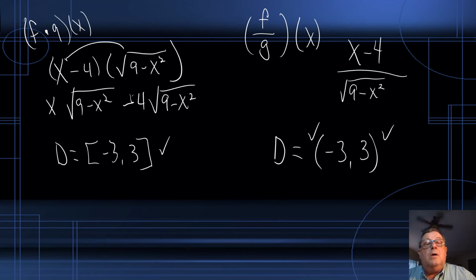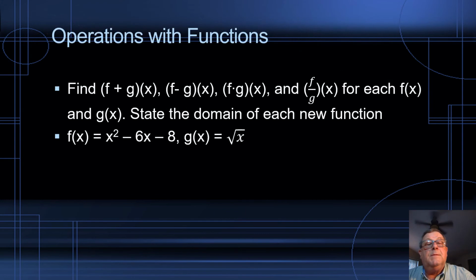Shall we do another operation of functions between 2 functions? Yes, we shall. All right, so this time we got x squared minus 6x minus 8 times the square root of x. Well, we start off by adding them together.